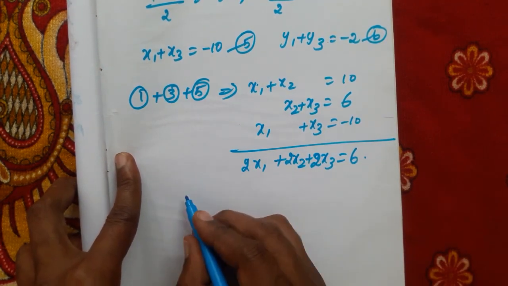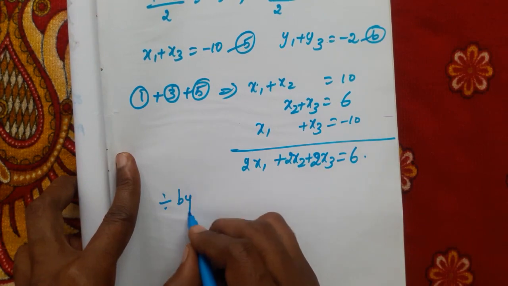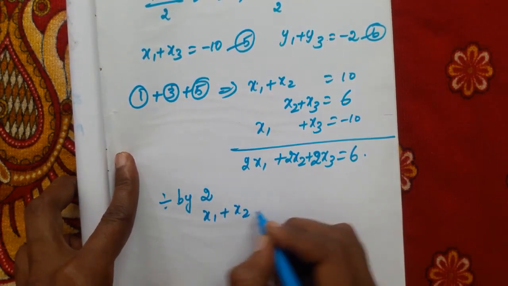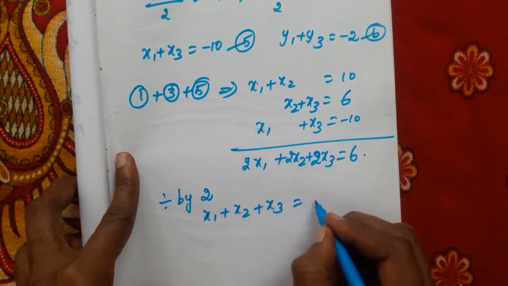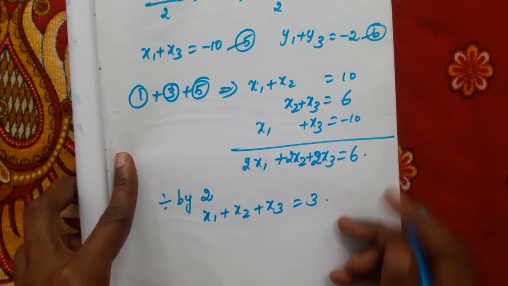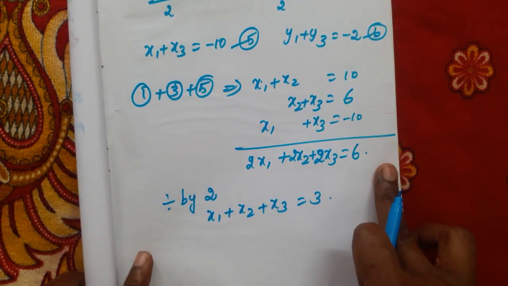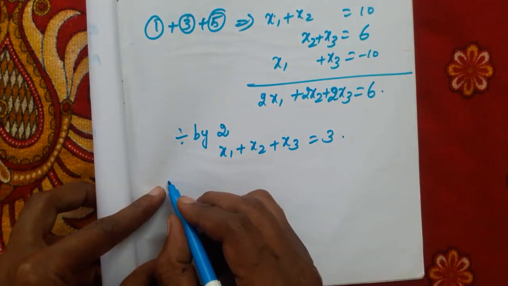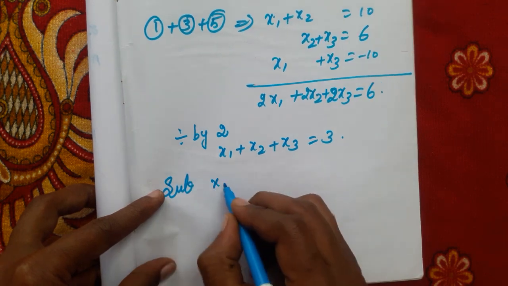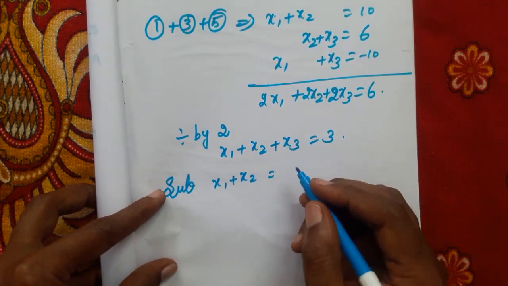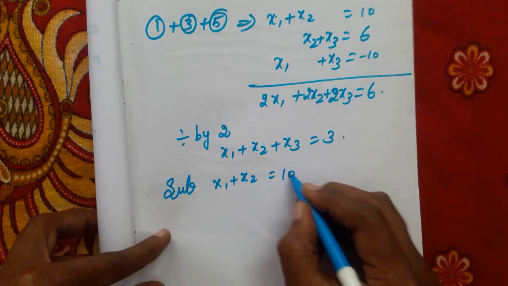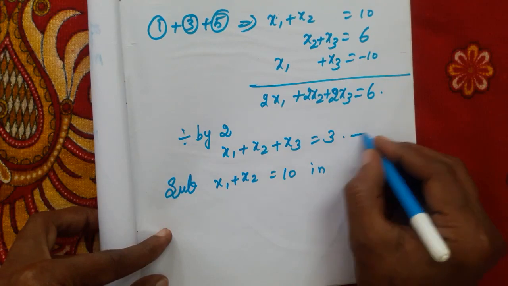Dividing each term by 2, what will we get? x1 + x2 + x3 is equal to 3. Next, substitute the value of x1 + x2 from equation 1, which is 10, in equation 7.